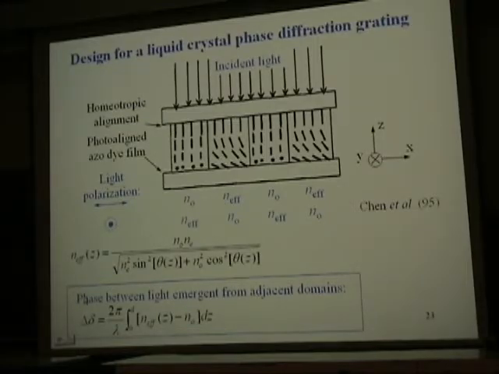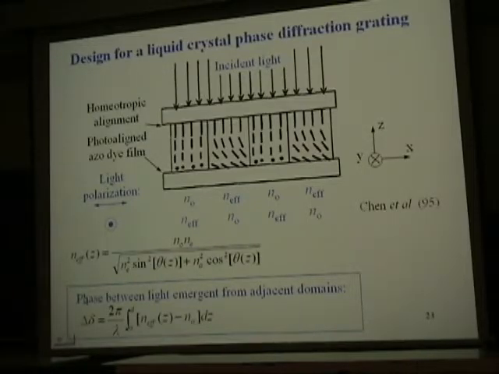So with this, there should be an inherent phase difference between light coming from adjacent domains that should depend on the integration of n effective minus n_o along the z direction as given in this equation. Now, because n effective is determined by the liquid crystal tilt angle, that means we should be able to control the phase difference by applying a voltage across the liquid crystal cell.